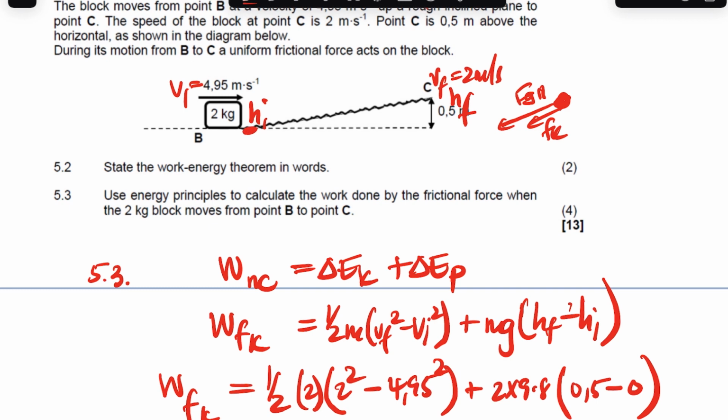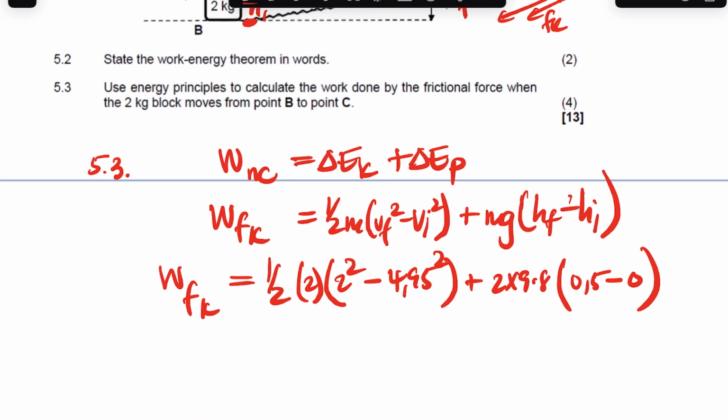So punching that in the calculator, the answer we get should be negative, because the work done by friction is negative. So the answer there will be negative 10.7 joules. Hope, guys, this question makes sense, and if it doesn't, go back and rewind the video until you get it.